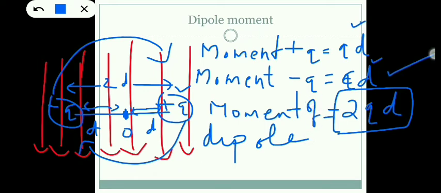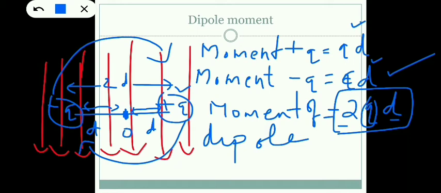So what is the expression for dipole moment? The expression for dipole moment is 2qd. That means the magnitude of charge multiplied by the distance between the charges, that is 2d. So this is the expression for electric dipole moment. And the strength of the dipole is expressed in terms of electric dipole moment.